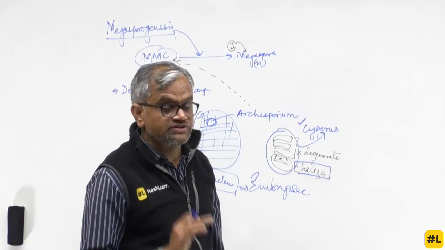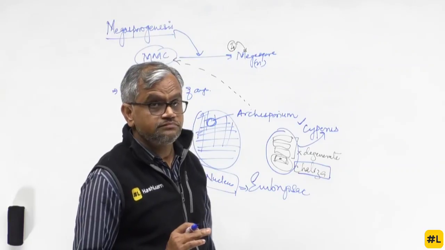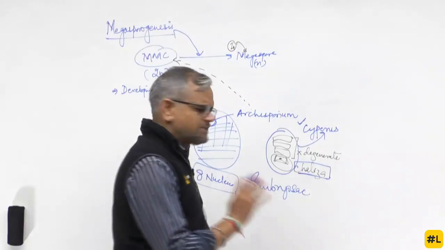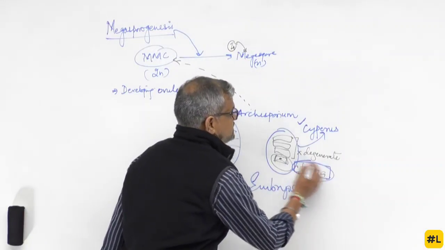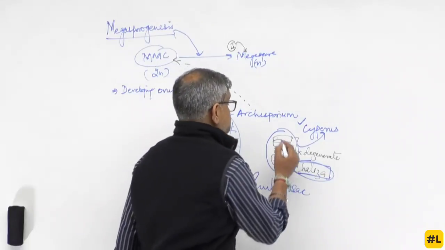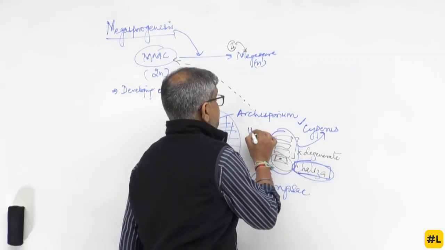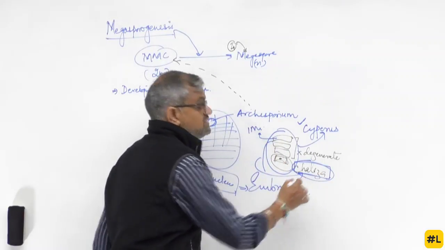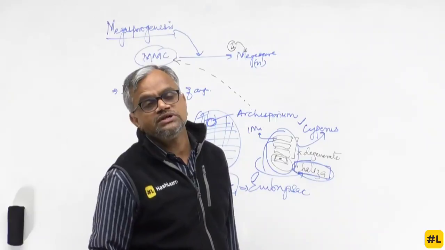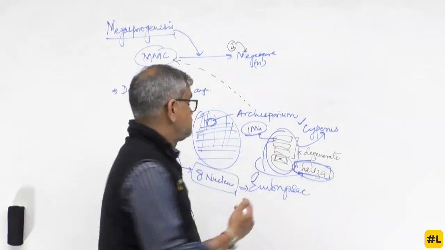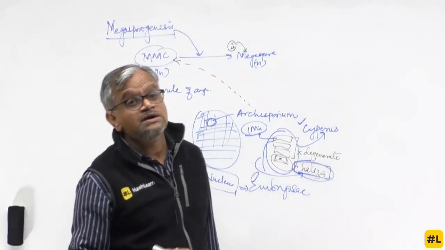Even though it is 99% times correct that the chalazal one only becomes functional, there are cases in which 1 towards the micropyle becomes functional and 3 towards the chalaza become non-functional.